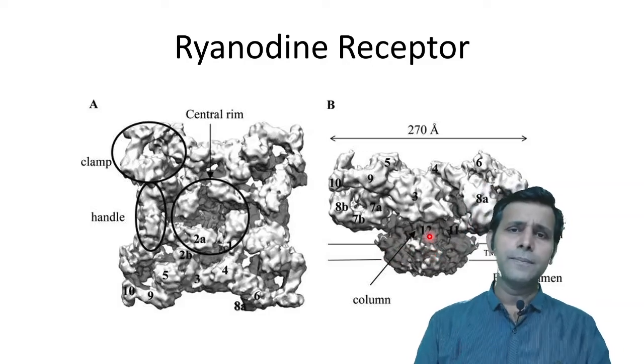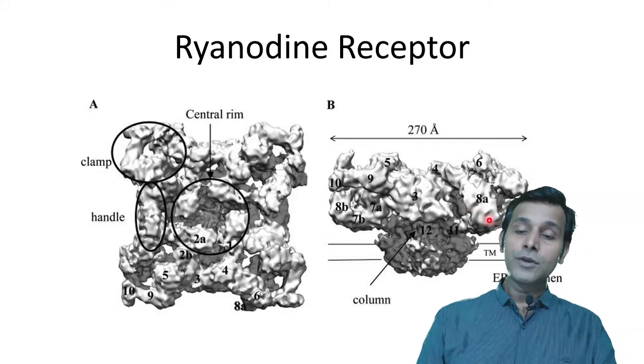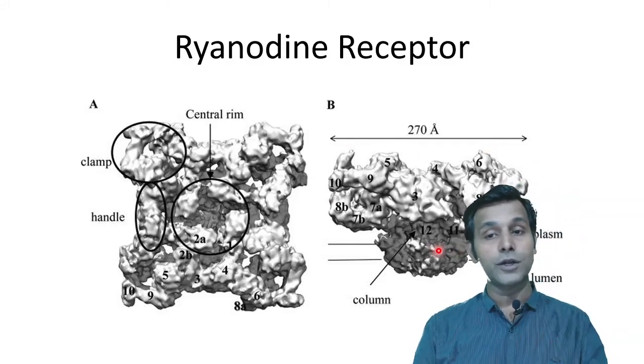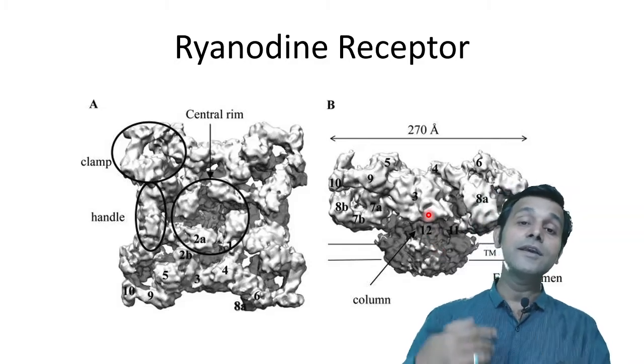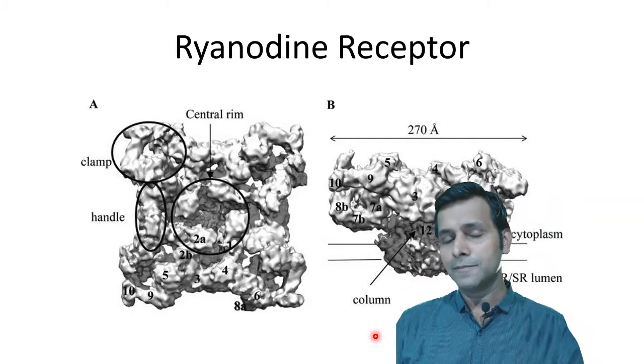It is one of the very important proteins as far as malignant hyperthermia is concerned. You can see the cytoplasmic portion is quite large and the membranous portion is quite small. Much of the protein is in the cytoplasmic area and very little is in the endoplasmic area.